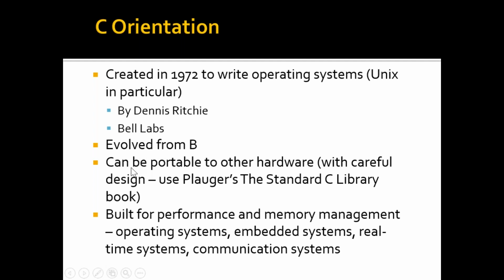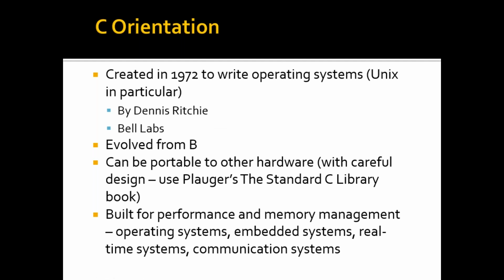Evolved from B, it can be portable to another hardware or software with a useful design. In addition, it is built for performance in memory management, operating systems, embedded and real-time systems, and communication systems. This is just for your information, no need to read all this.